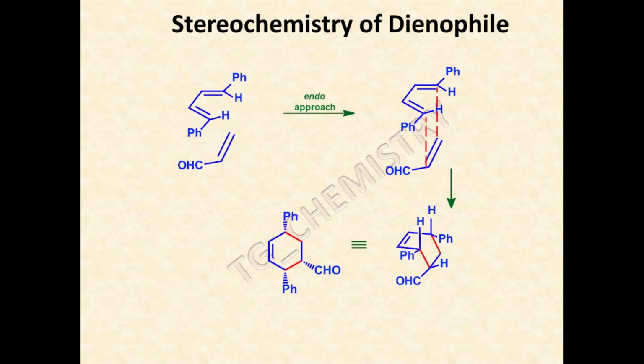Here you can see this is the representative example, where we can understand the stereochemistry of the dienophile, where it represents the endo approach. And in that case as well, this is the orientation of the dienophile.